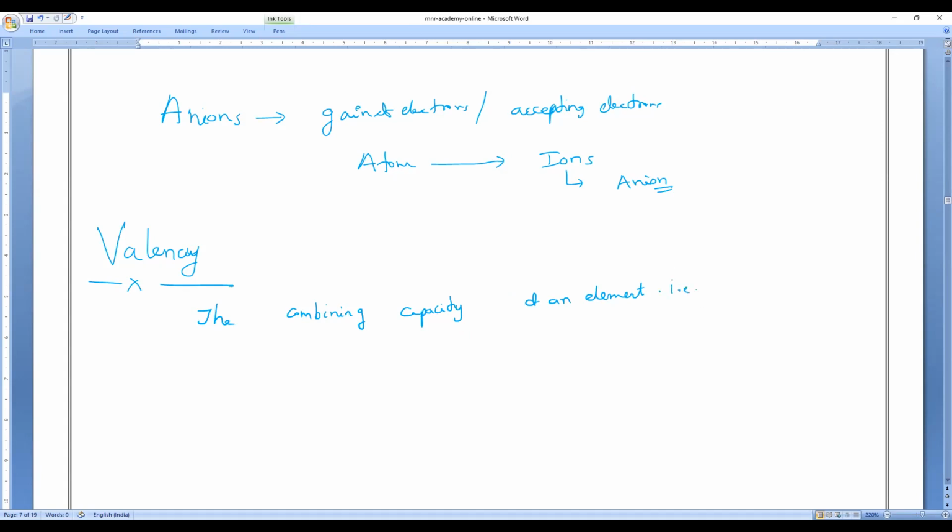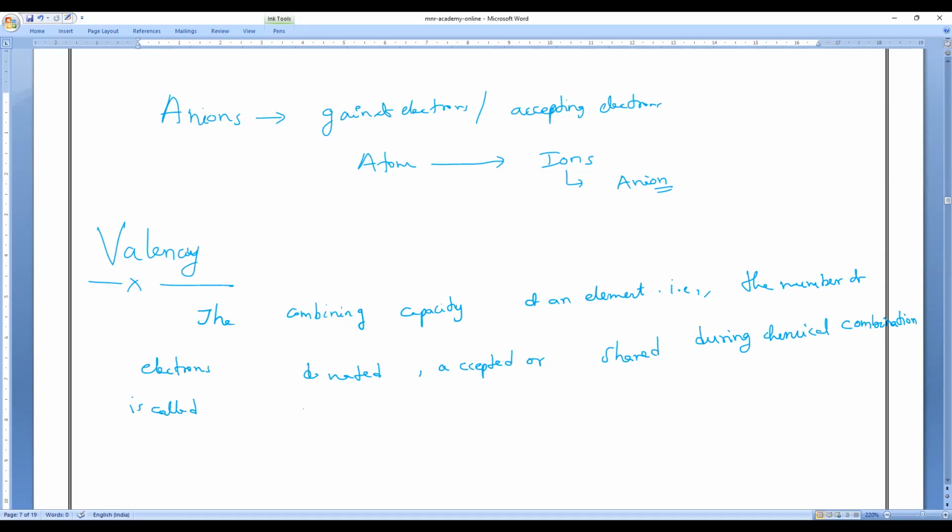What does it mean, all of you? The number of electrons donated, accepted, or shared during chemical combination is called valency.